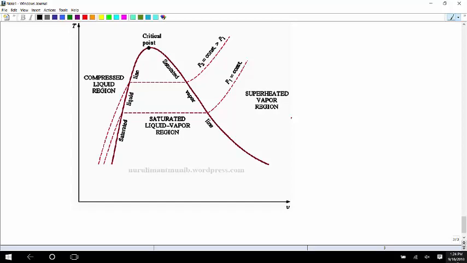Okay, so this is for refrigeration systems and heat pumps and power cycles. For all of those things that we're studying, this region in the middle is super crucial to understanding how that works.